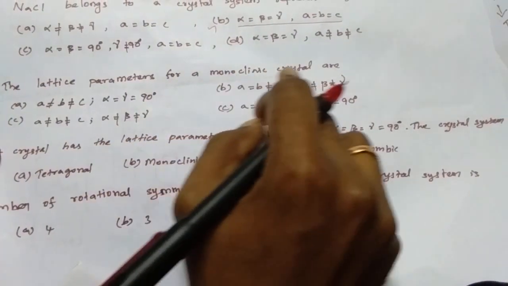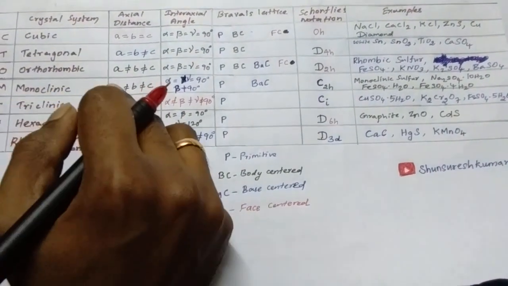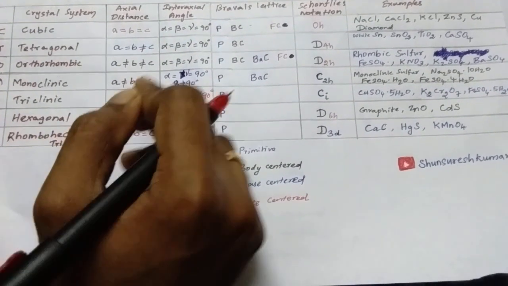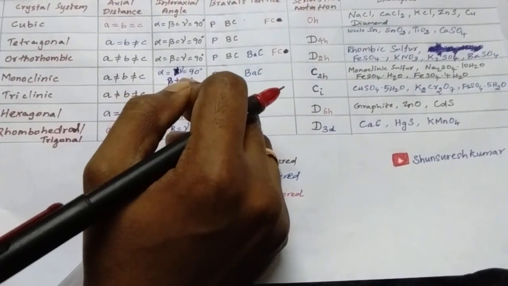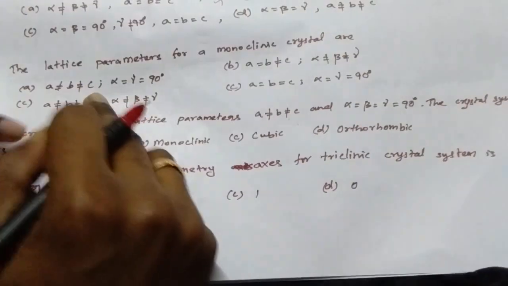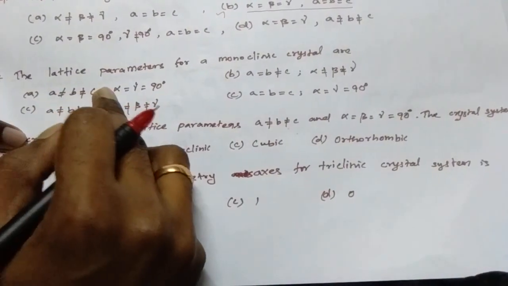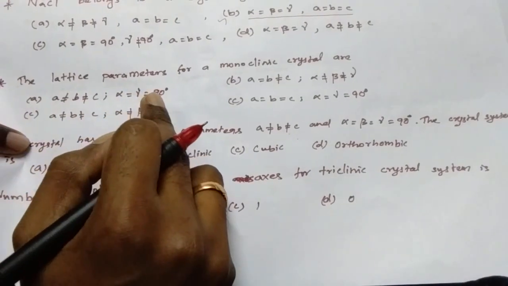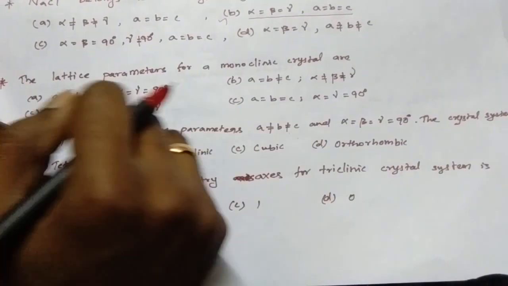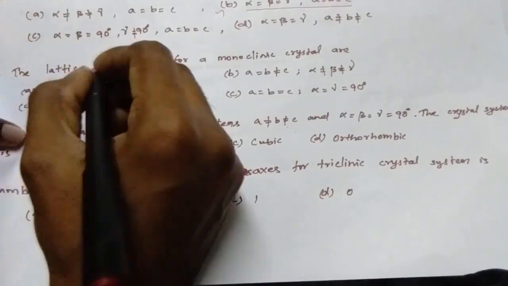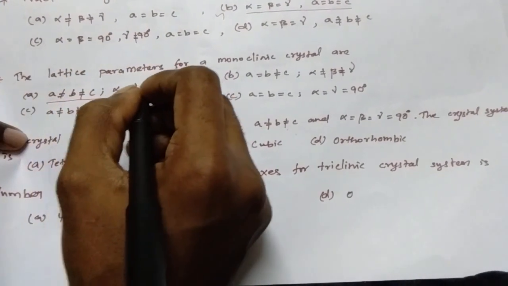Then lattice parameters for the monoclinic system. So we know the monoclinic system: a is not equal to b, not equal to c, alpha equal to gamma equal to 90 degrees, beta is not equal to 90 degrees. So here a, b, c is not equal, and alpha equal to beta equal to gamma. You can see the other options. No other options are like that, so this only has alpha equal to gamma equal to 90 degrees.